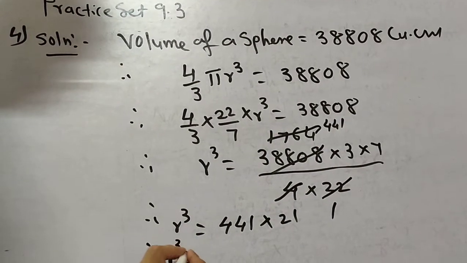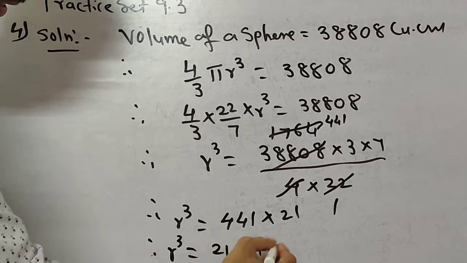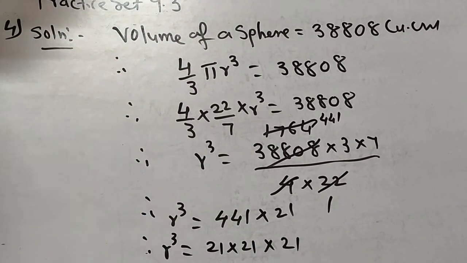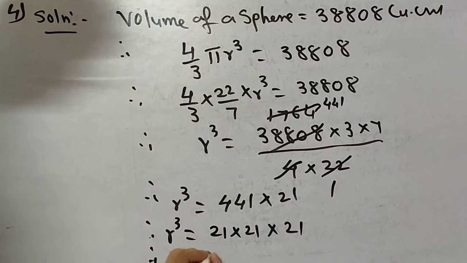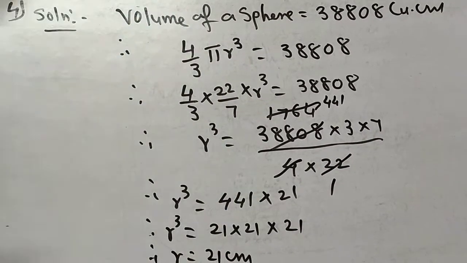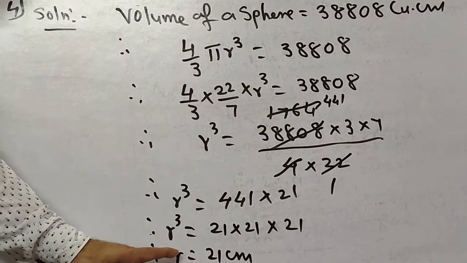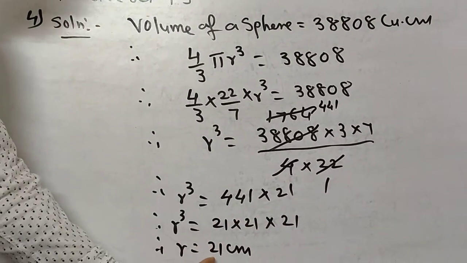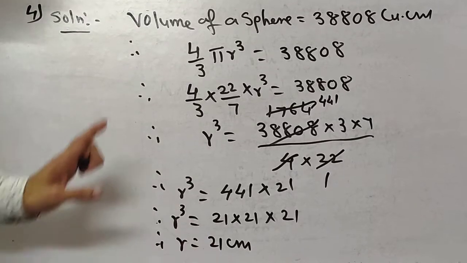So r cube is equal to 21 into 21 into 21. 21 into 21 is 441, and therefore you will get r is equal to 21 centimeter. Taking the cube root, you select only one 21, that is r.